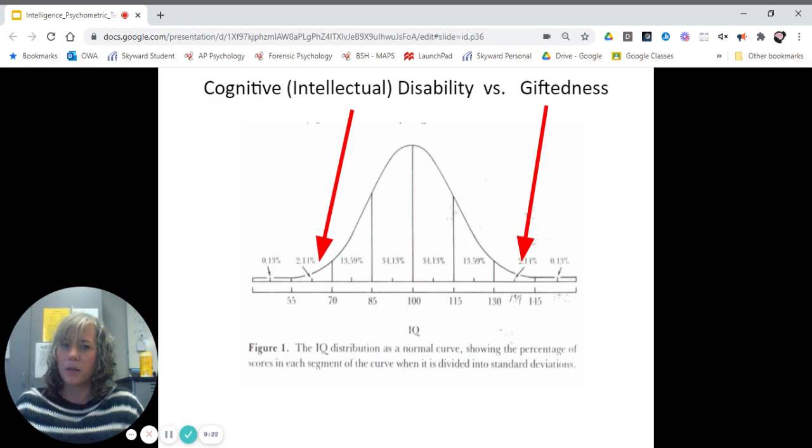Now, very rarely in schools for things like gifted and talented or for cognitive disability services are they ever going to just give one test or one measure. They might give the Wechsler along with some creativity tests, along with some timed attention tests or aptitude and achievement tests. But they might use those scores as kind of a baseline for what services need to be had.